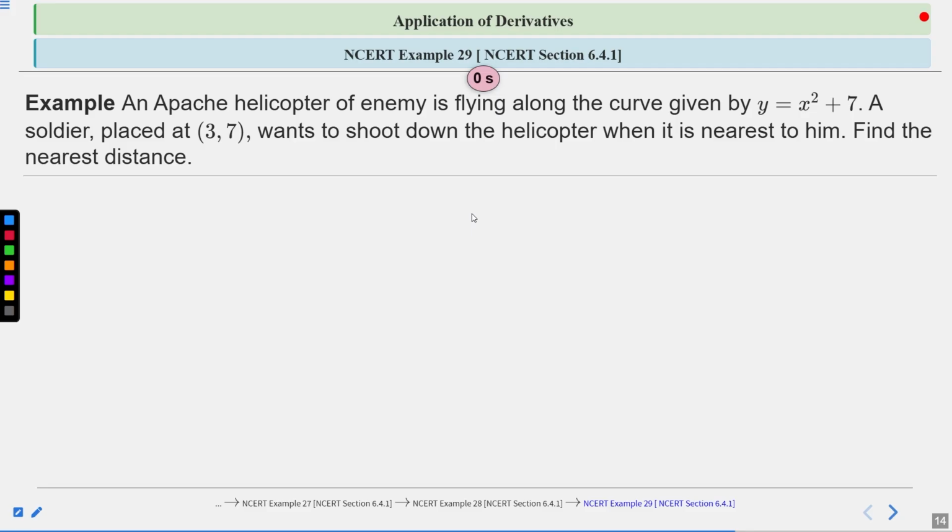Hope you all have attempted this. Let us move to the solution part now.